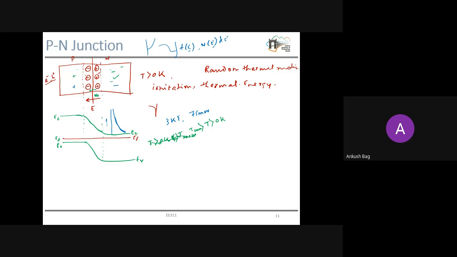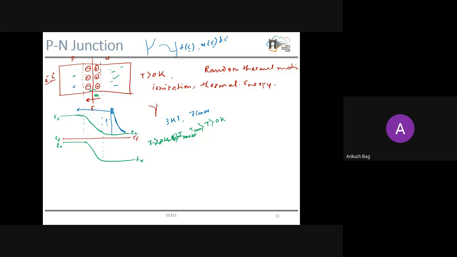Now in terms of the band diagram, see only the electrons here. The electrons which have energy higher than this, the electrons which will be here because they have higher energy, can cross this depletion region and go to the P side.